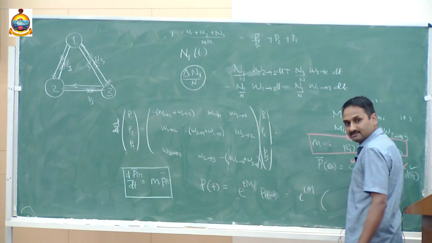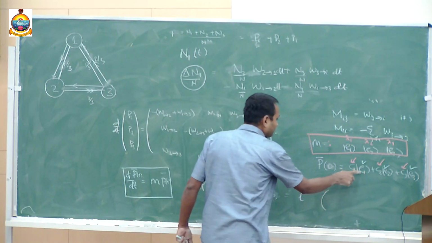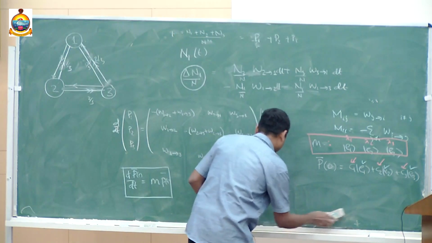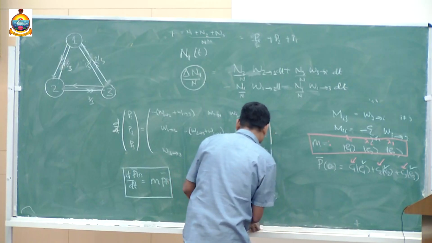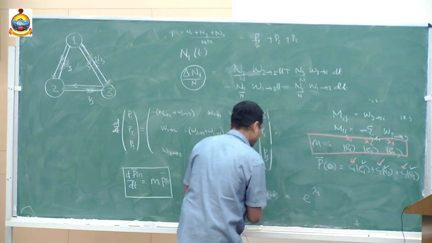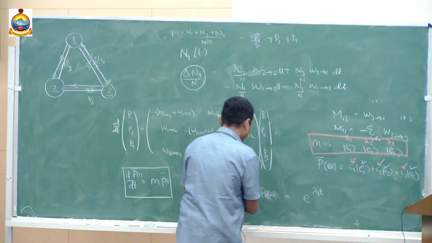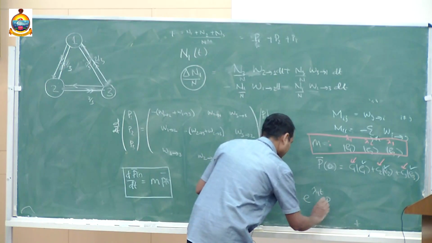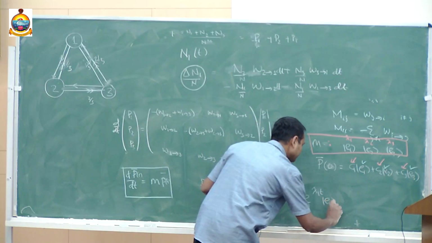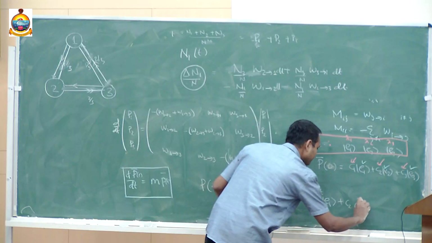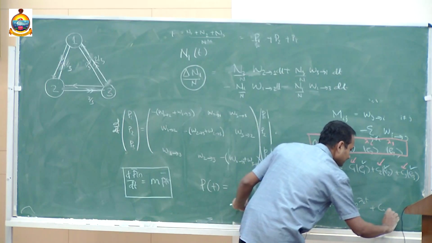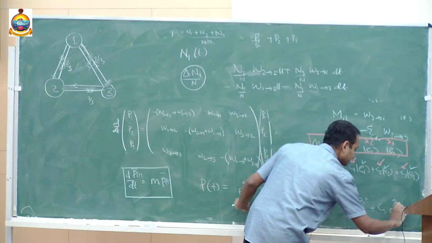So p(t) equals e to the power lambda 1 t c1 E1 plus c2 e to the power lambda 2 t E2 plus c3 e to the power lambda 3 t E3.